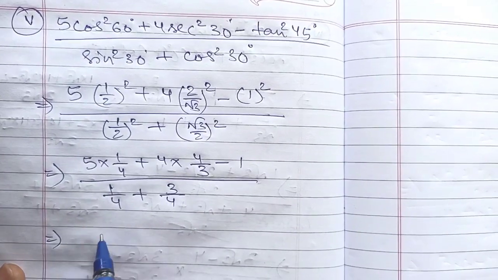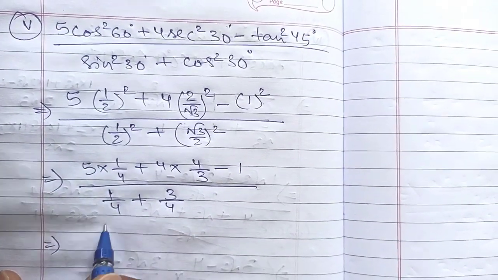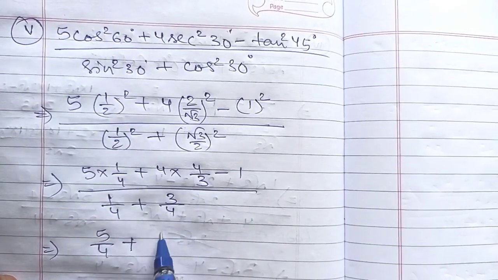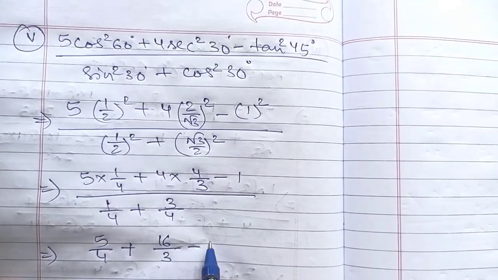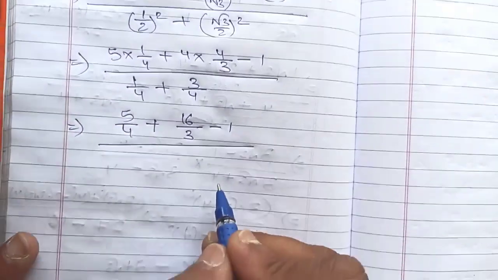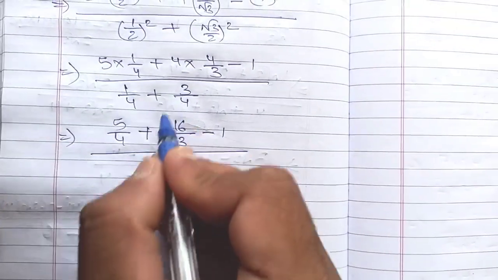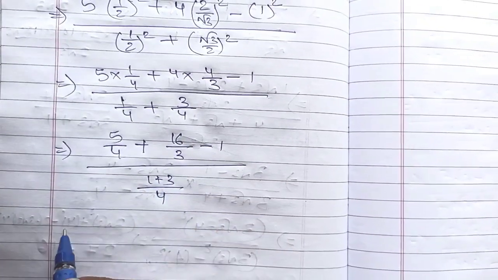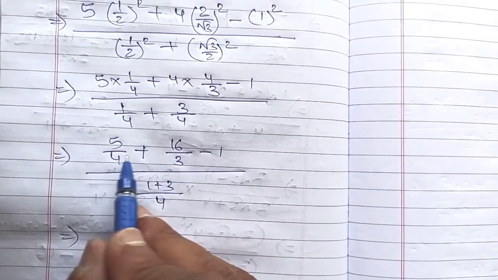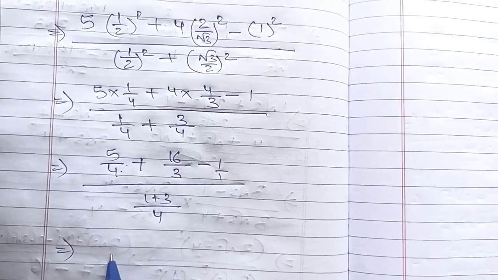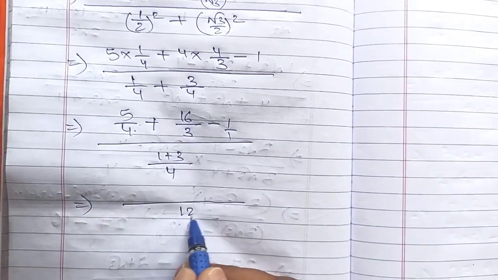Okay. 5 ones are 5 divided by 4 plus 4 4s are 16 divided by 3 minus 1, whole divided by, LCM of these two is 4, 1 plus 3. Okay, now take the LCM of these 4, 3, 1. LCM of 4, 3 is 12.